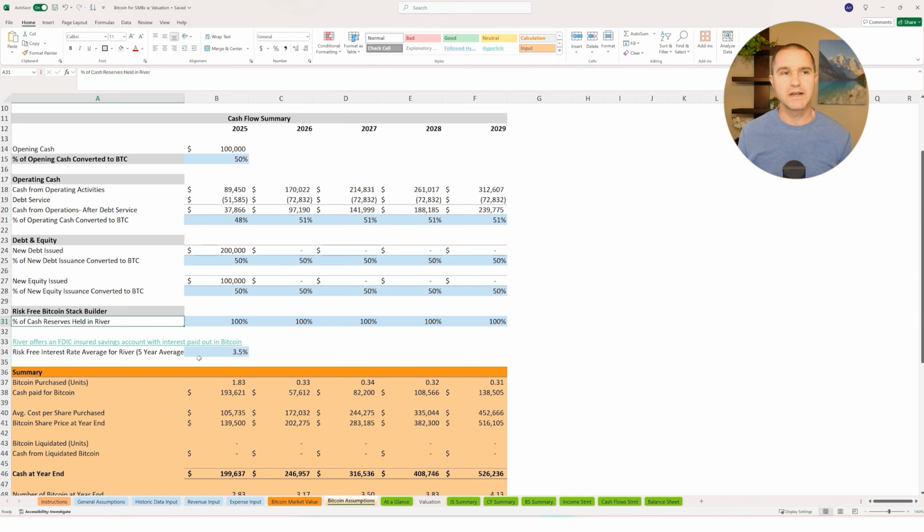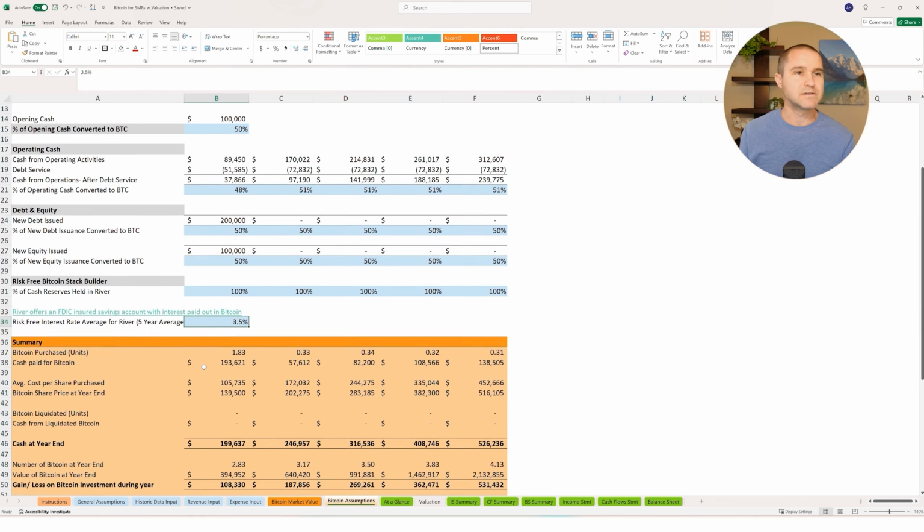I think probably 3.5%, but you can change whatever the interest rate is. They'll pay that 3.5%, but they'll pay it out in Bitcoin. And so you'll kind of automatically be stacking. I think that was interesting to be able to set an assumption here of what percentage of our cash reserves are going to be held in that River account. There could be other services that will start offering this as well. As far as I know, River's the only one that's doing that right now.